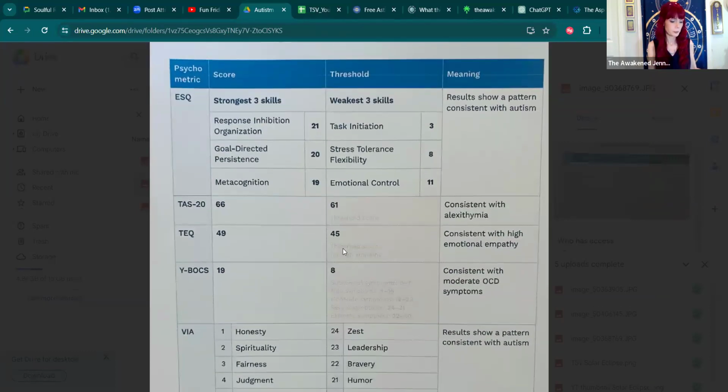All right, the ESQ. The ESQ is Executive Skills Questionnaires because the executive functioning is very much affected with autistic people. So results show a pattern consistent with autism.